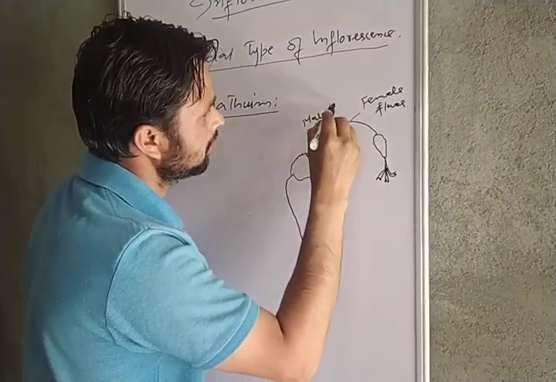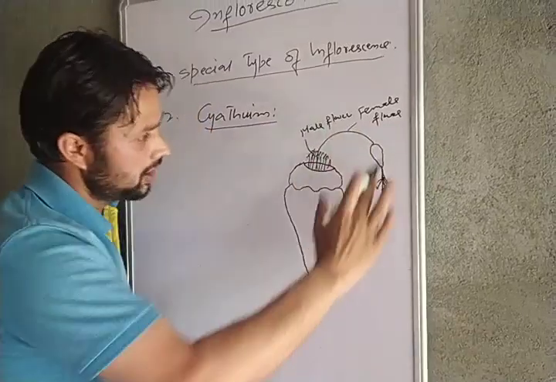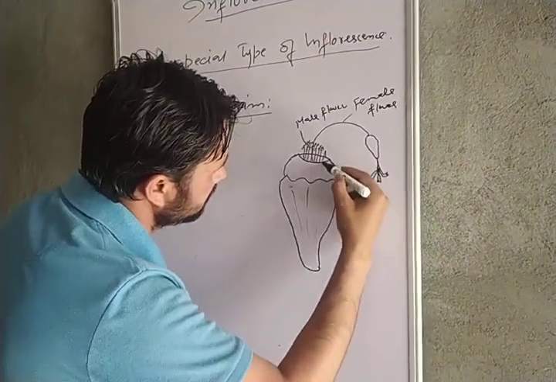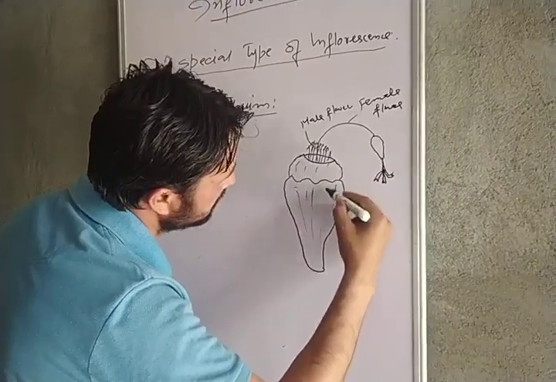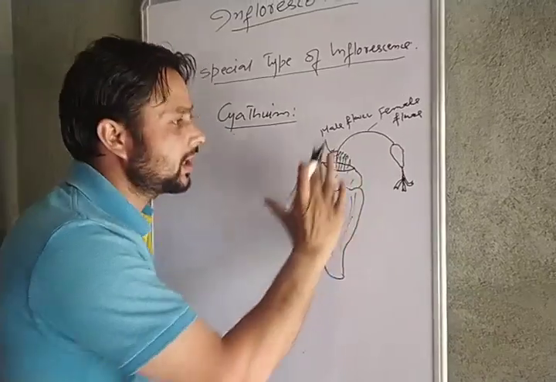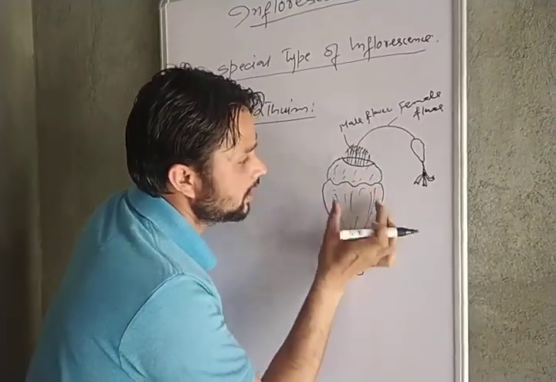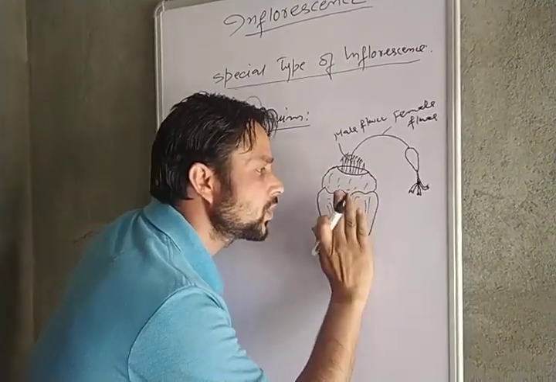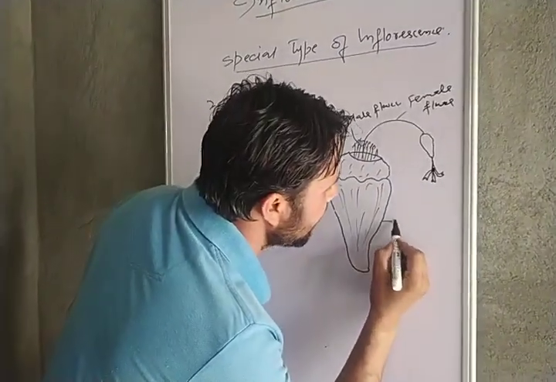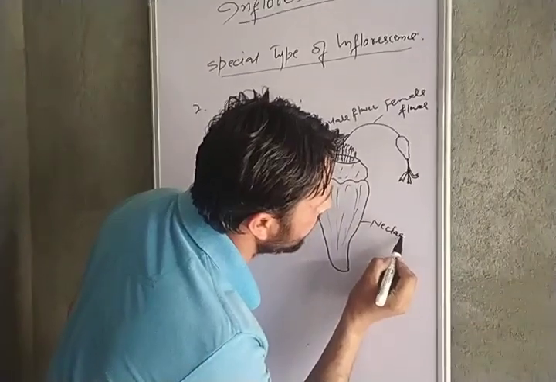Okay, in this there is a fused bracket, green colored bracket, which has nectariferous glands.